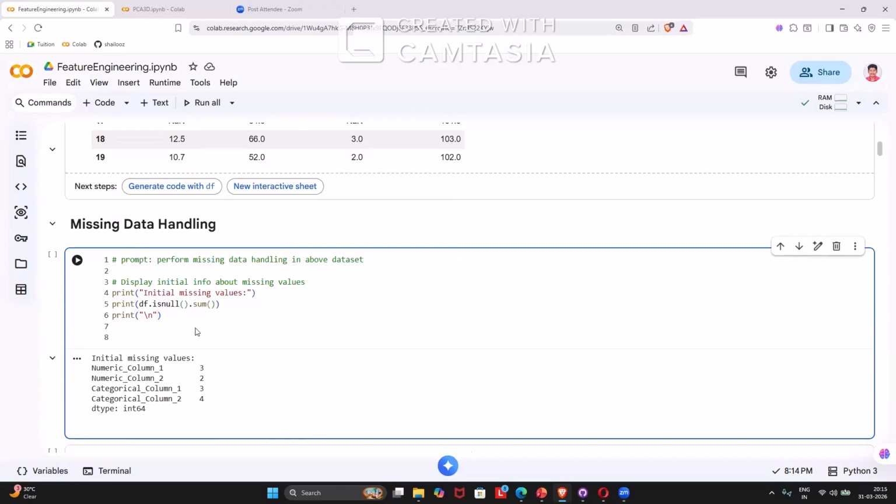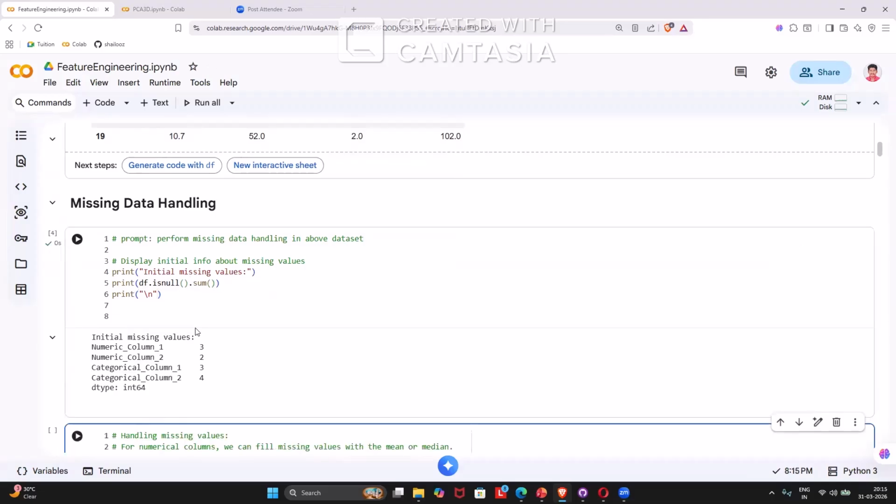On calling this, we can see that numerical column 1, numerical column 2, categorical column 1, and categorical column 2 have 3, 2, 4, and 3 null values respectively.